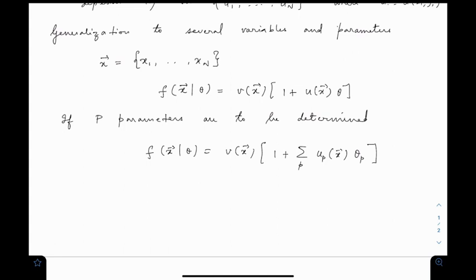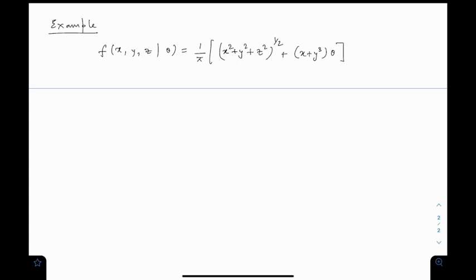So let's consider one example. If we consider f of x, y, z given theta as 1 over pi times the square root of x squared plus y squared plus z squared, plus x plus y cubed times theta, where x, y, z is a collection of points that lie within the unit sphere.